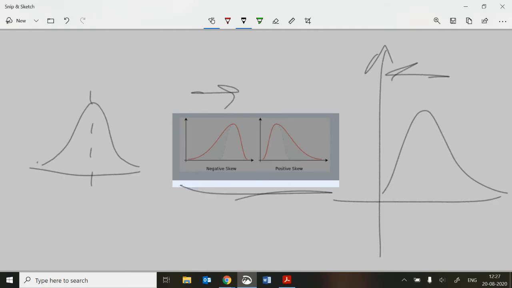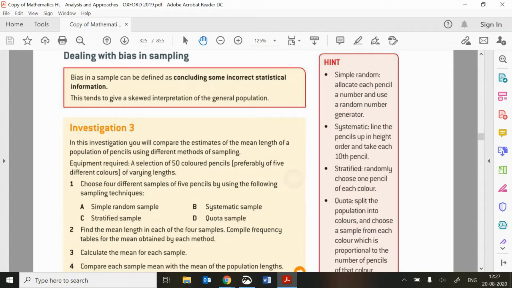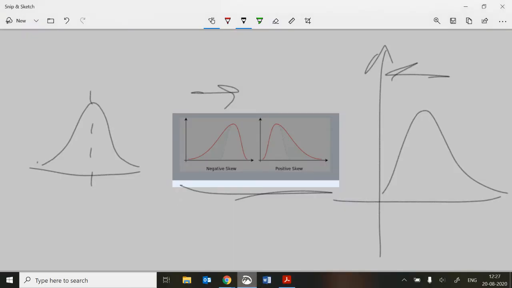So skew in terms of frequency graphs looks like this. Positive skew is towards the axis in the negative direction, if you like, loaded towards the start of your domain. When they talk about skew in the bias definition, they're saying we're getting a result which is not consistent with the general population, so not necessarily what we mean by negative and positive skew.